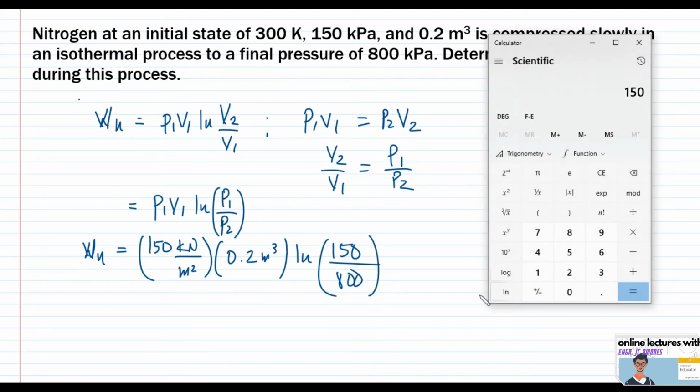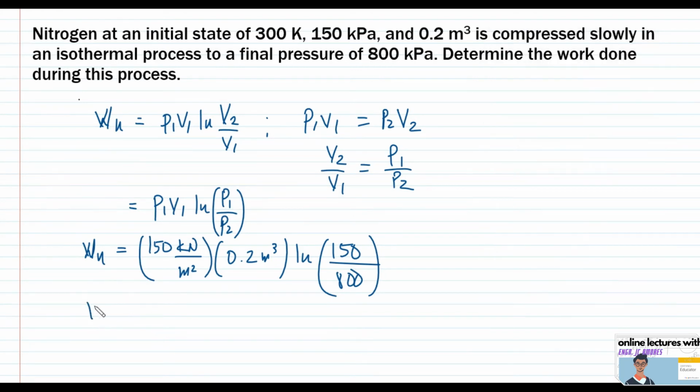We have 150 divided by 800, and then let's get the natural logarithm of that multiplied by 0.2 times 150. So we have negative 50.22. Now the unit here, since we could cancel square meter by cubic meters, we have kilonewton meter, or that would be kilojoules.